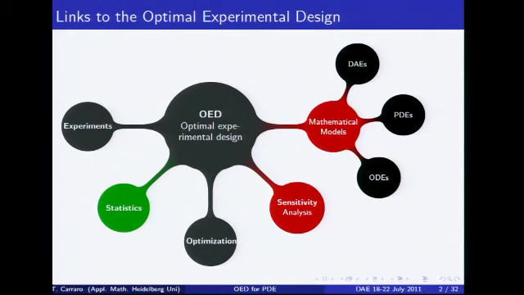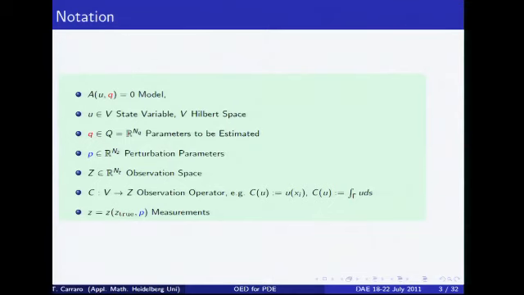So first of all, we need some notation. So my model is A, U is a state in a Hilbert space, Q are parameters that I am going to estimate, and P are perturbation parameters, perturbations of the data in this case.